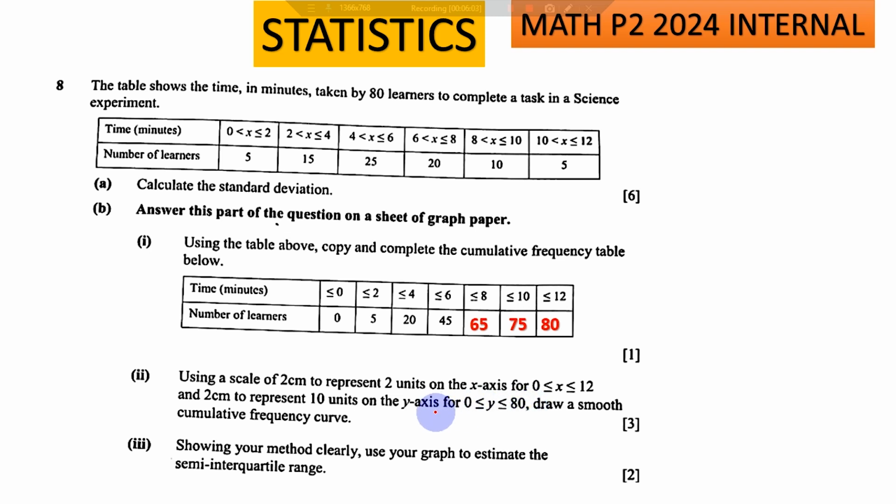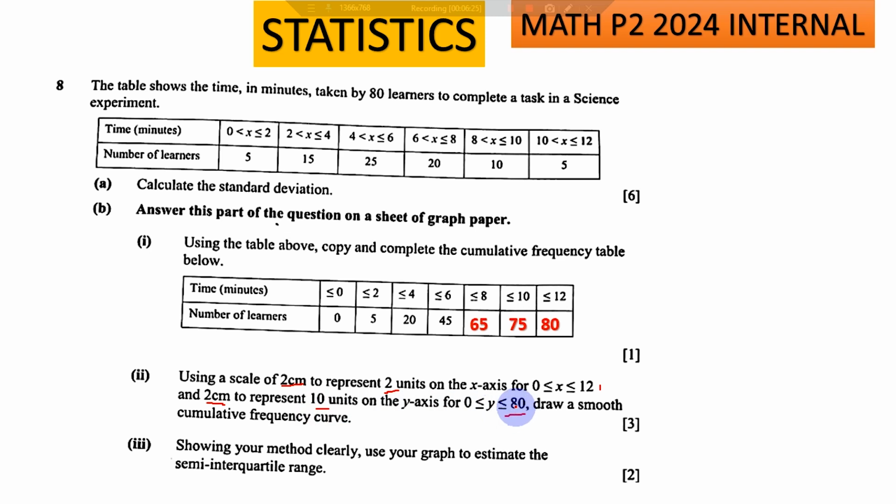So we have ranges on each axis. In the x-axis we are using 2 centimeters, so in that bigger box we are going to be representing 2 units, and then we are going from 0 to 12. Then in the y-axis we are using 2 centimeters, a bigger box, to represent 10 units, and we have to go up to 80.